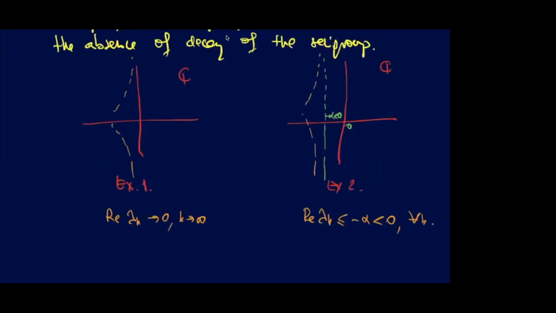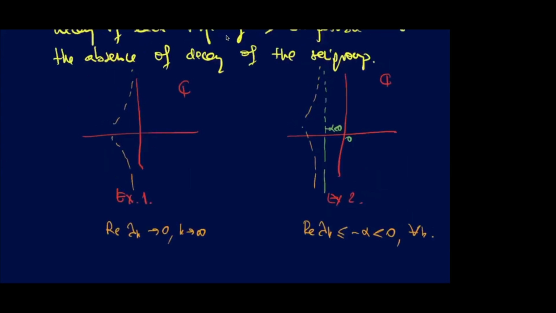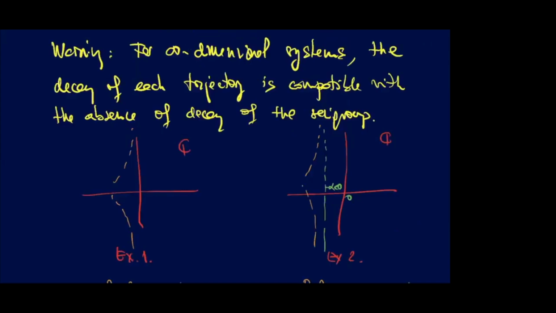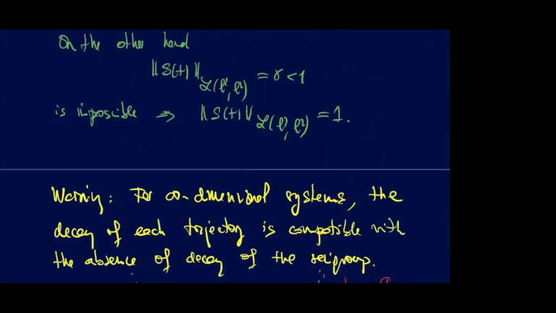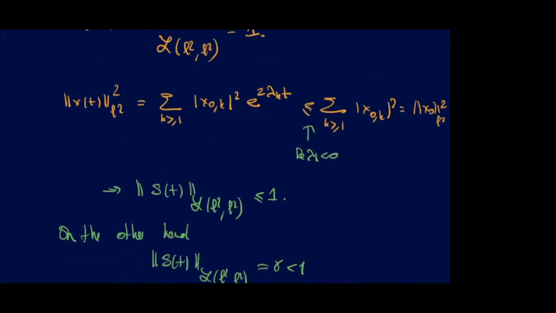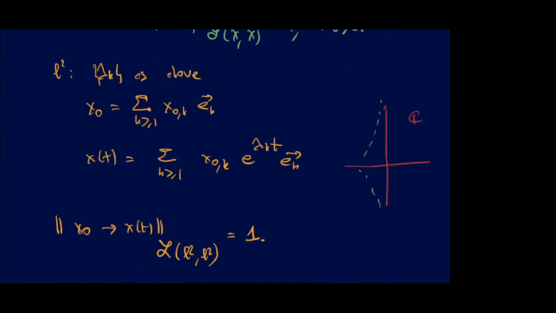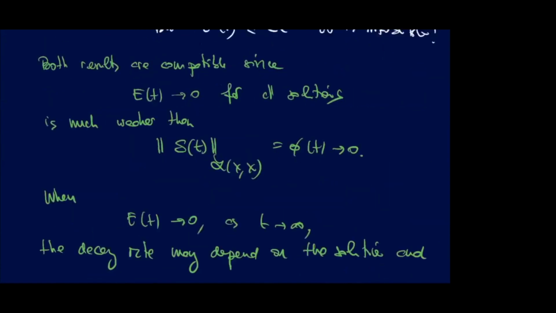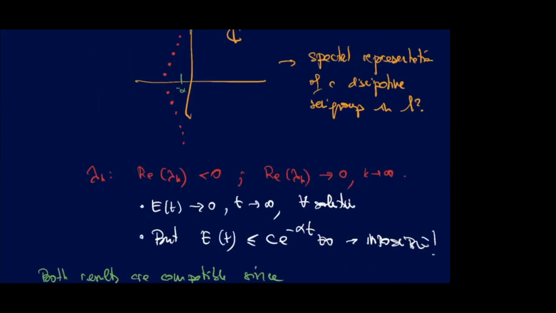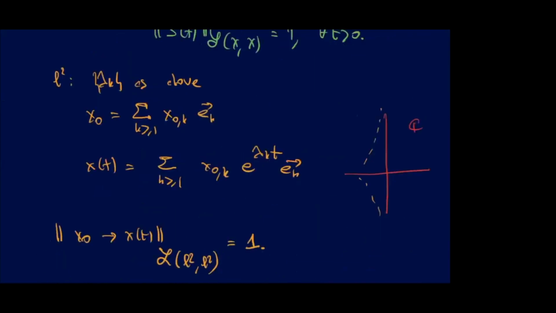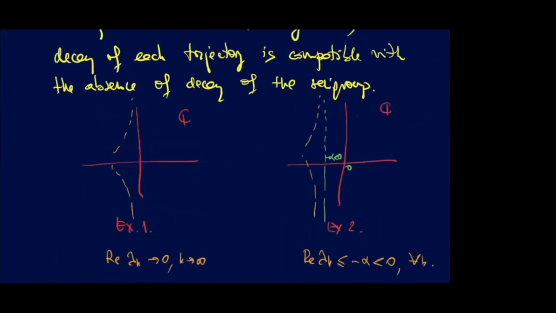What do you think is going to be the behavior of each of these systems? In which of the systems, example 1 or example 2, will the energy of the solutions behave according to the exponential decay property? If this is our goal, the exponential decay property, which of these examples will fulfill it? Example 1 or example 2?